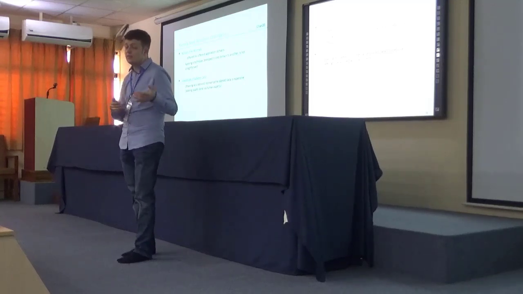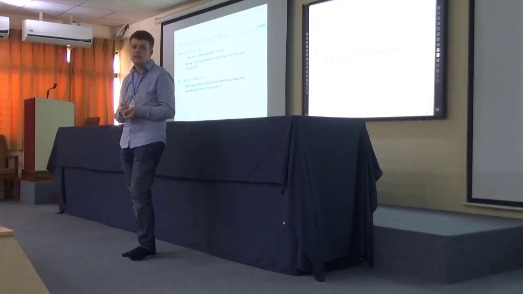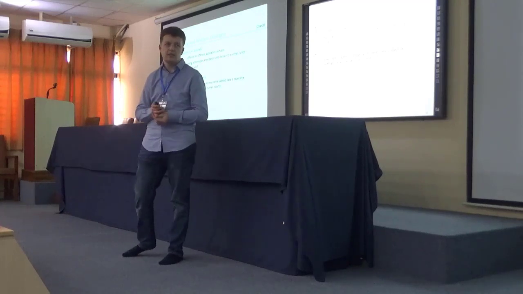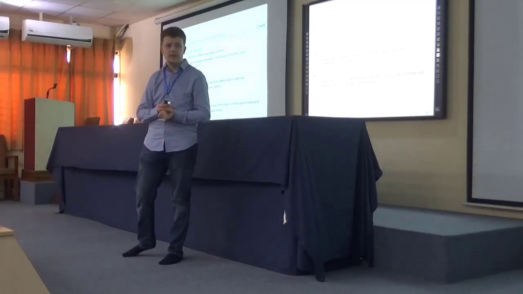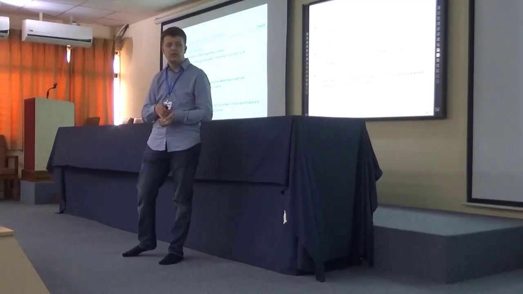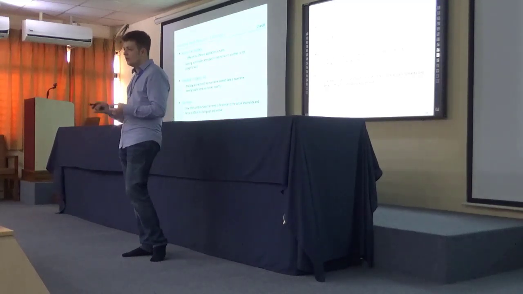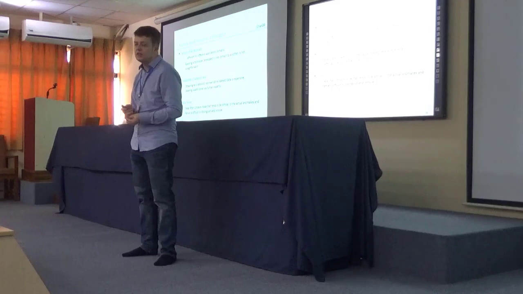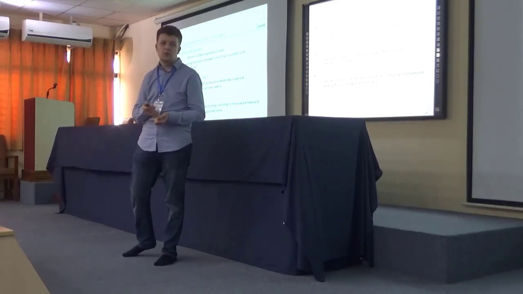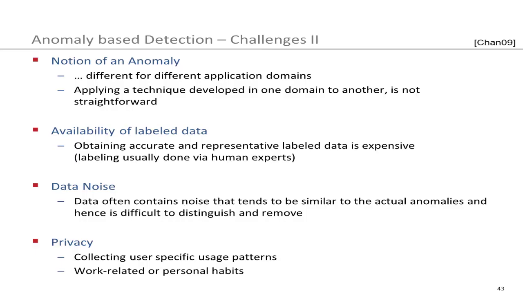Of course, that can also be error prone, so it's really hard to obtain labeled data. And also, sometimes you can label something, but you just have noise, something that happens in the background. This can also diminish the quality of your data set.